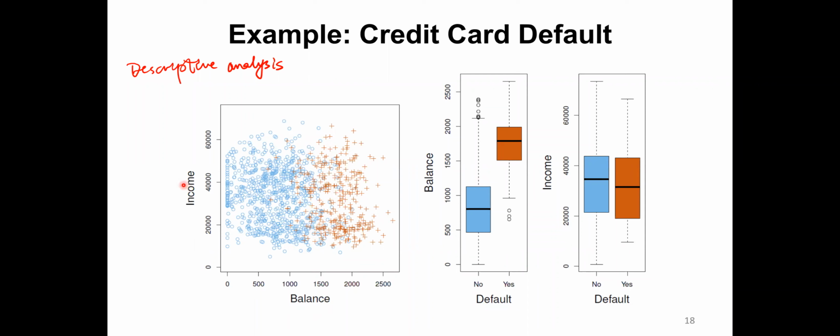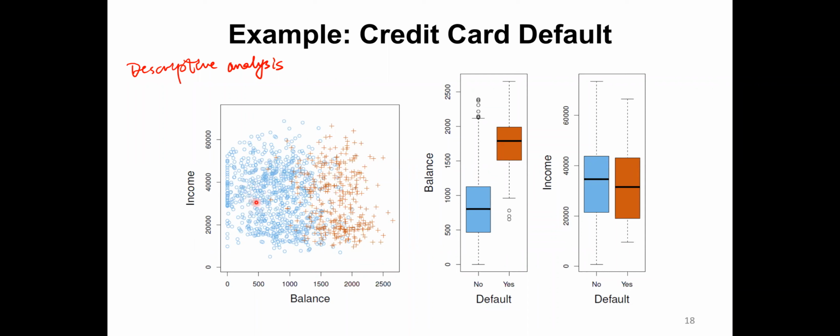You plot x1 and x2, and you try to see the distribution. Those are the no default accounts.